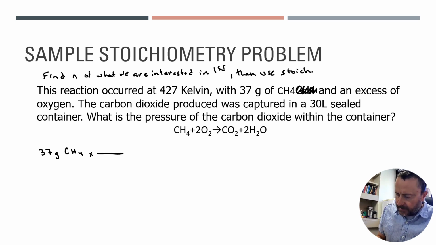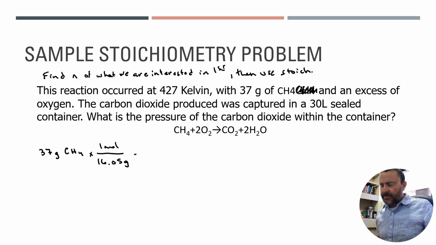So there is 1 mole per, what does CH4 weigh? Well, 12 plus our 4s, and so we get 16.05 grams per mole. And so that would give us the moles of our methane.